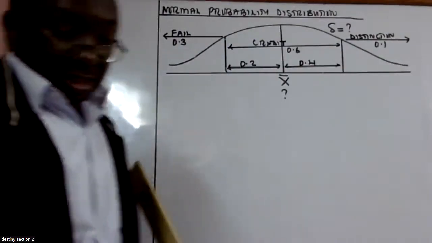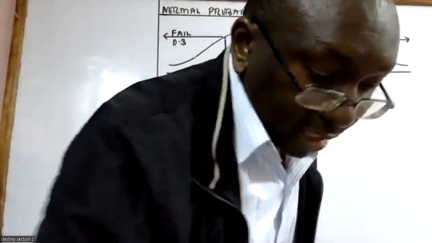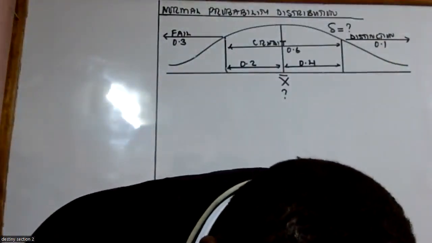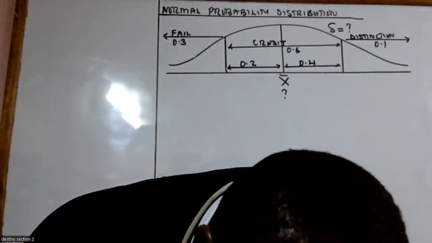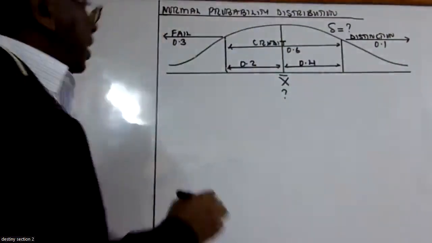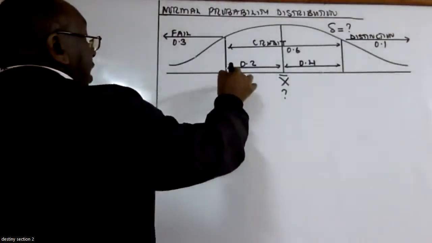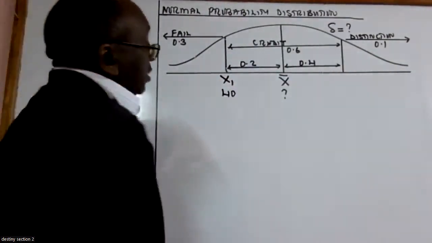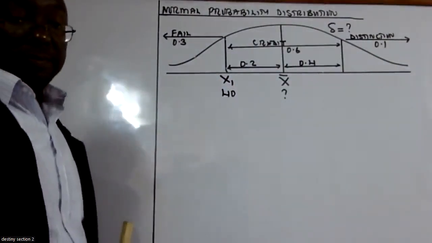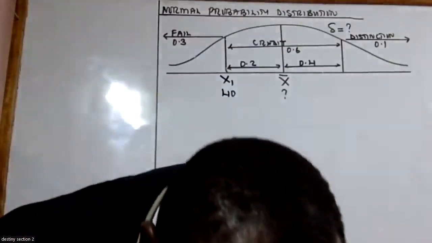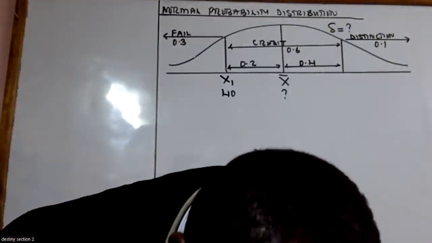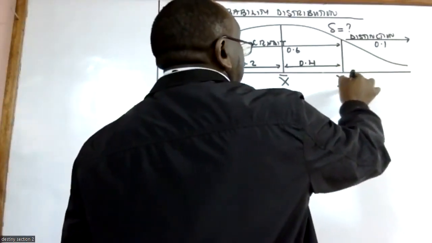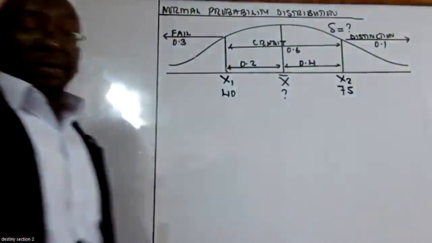We are told that for you to be declared that you have failed, you must be having less than 40%. So this one, X1, it is 40%. And for you to get a distinction, this is X2, you must have scored 75%.